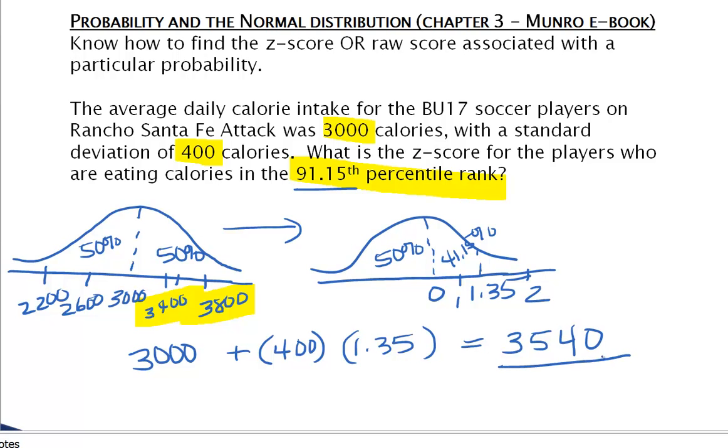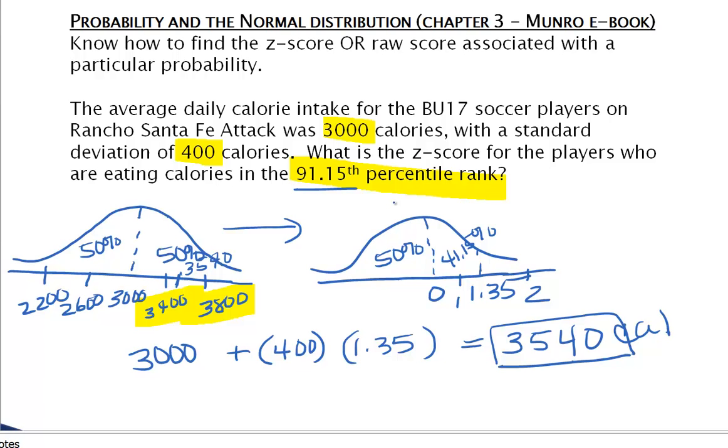So 3,540 calories is what the soccer players in the 91.15th percentile rank are eating. That would be right around here, the 3,540.